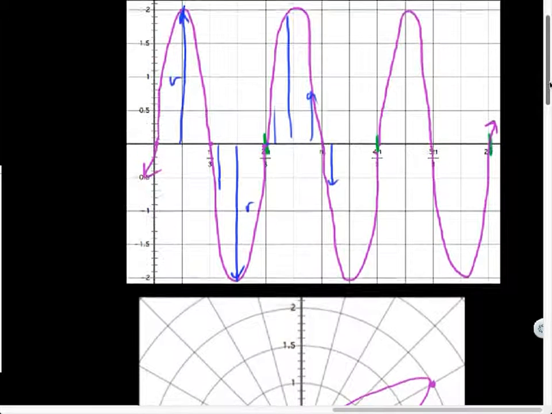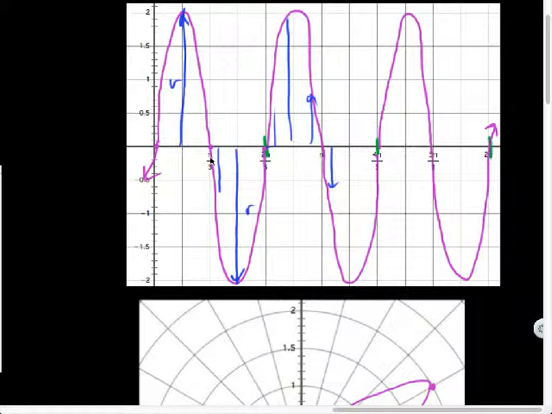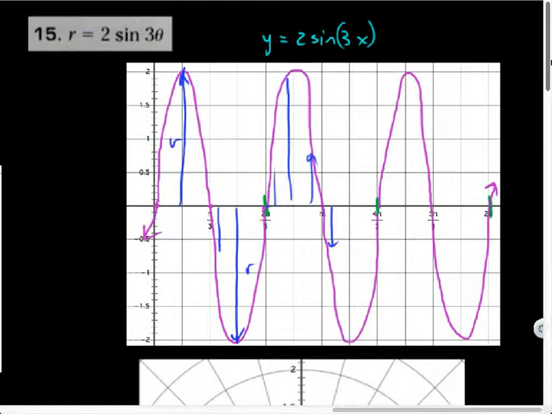Alright, this may be a stupid question, but how would you solve it for the T-chart? For a T-chart, I would have done input theta, output r, and I would have just plugged in some values of radians or something to that effect, of 0 and pi over 2 and pi over 4.